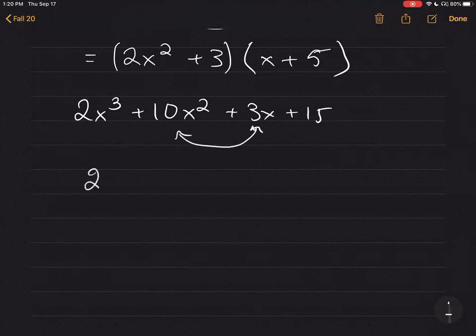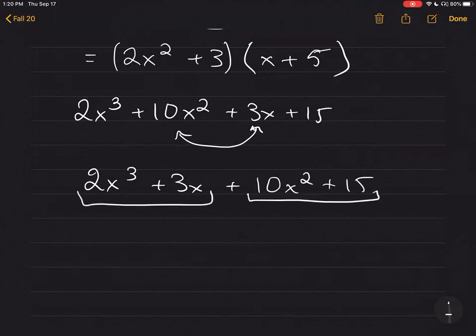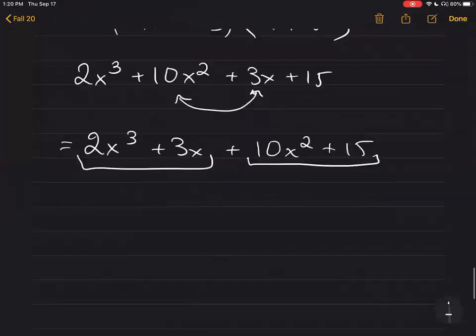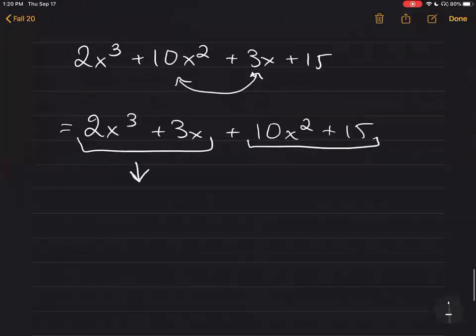So let's write this as 2x cubed plus 3x plus 10x squared plus 15, and group them this way, like that. Let's see, any common factors here? Well, they both have an x, one copy of x. But 2 and 3, they're both prime, so they don't have any common divisors. So all we have is just an x there.